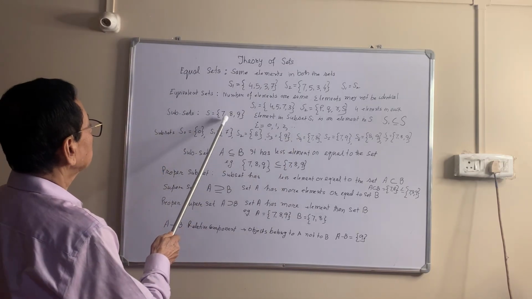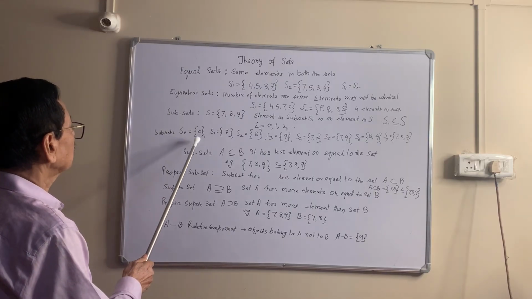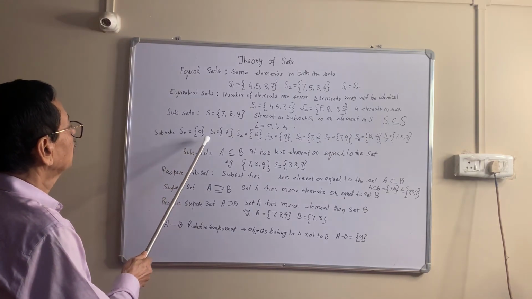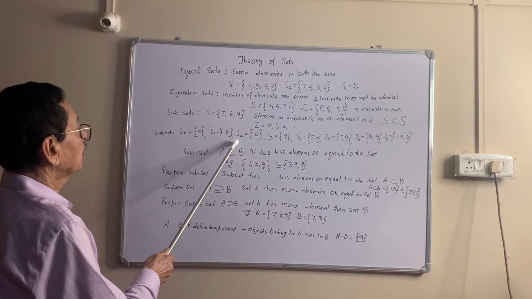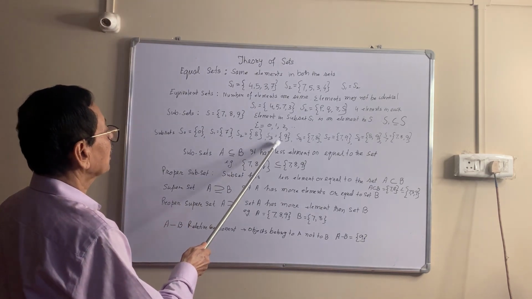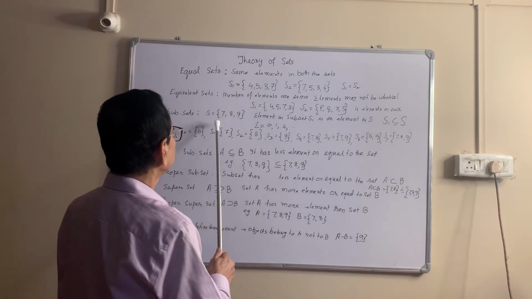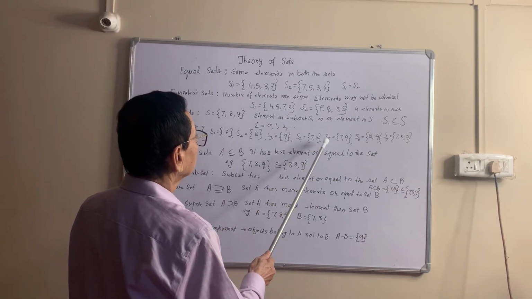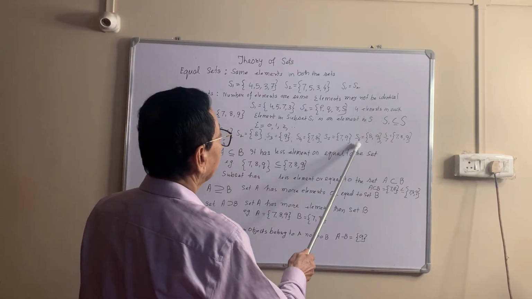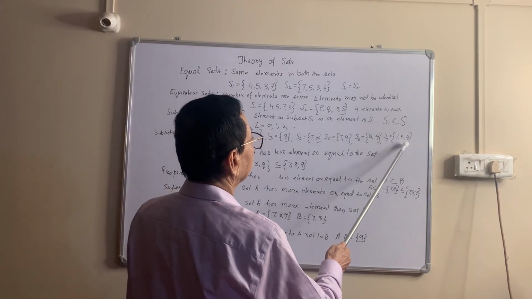Now, what will be the subsets of this? S0 is the null set with 0 elements, S1 with 7, S2 with 8, S3 with 9, S4 with 7, 8, S5 with 7, 9, S6 with 8, 9, and S7 with 7, 8, 9.